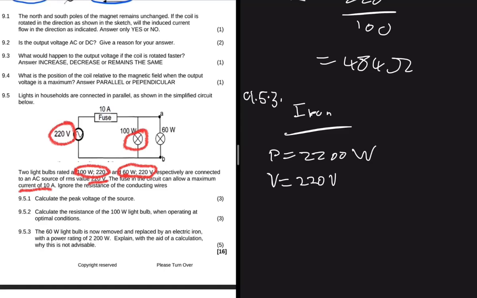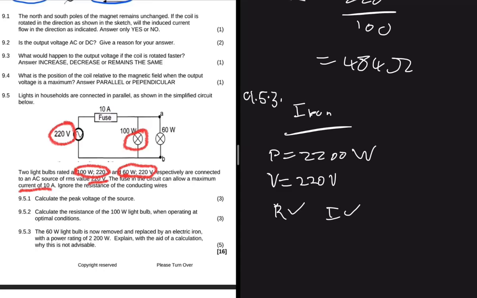So we have the power, we have the voltage, we can determine the resistance, right? The resistance, and then we can determine the current. What would the resistance help us with? If we determine the resistance, then we can calculate IT, the total current.